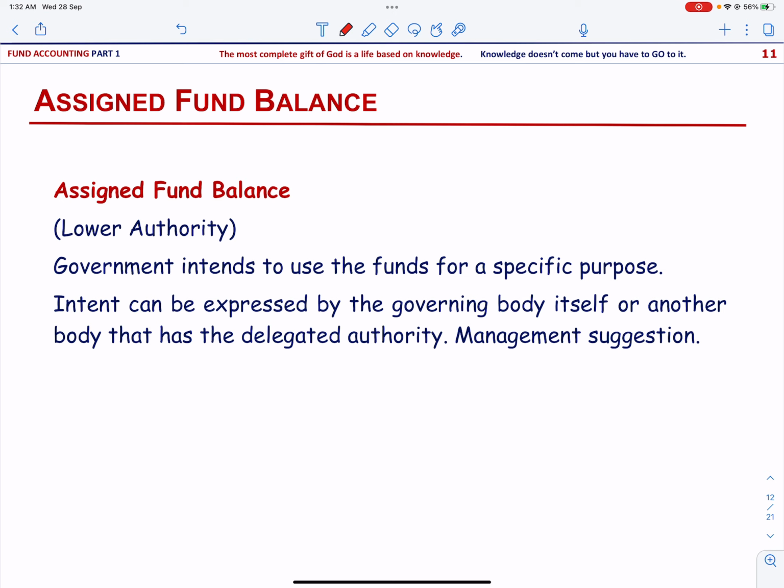Note that the authority for making an assigned fund balance need not be made by the government's highest level of decision-making authority. Constraints imposed on assigned amounts can be more easily removed or modified than those classified as committed. In contrast to committed funds, assigned funds come from a lower authority and not the highest authority.